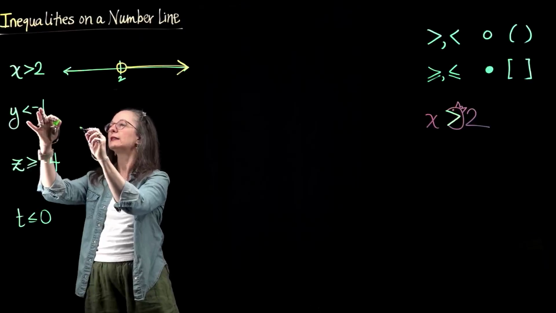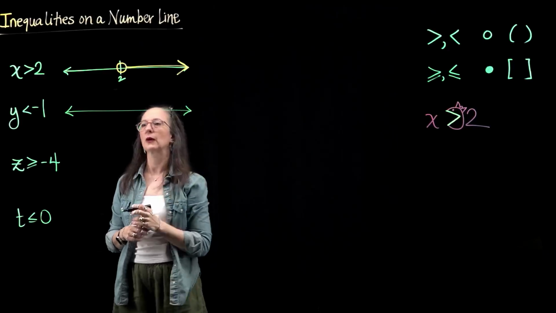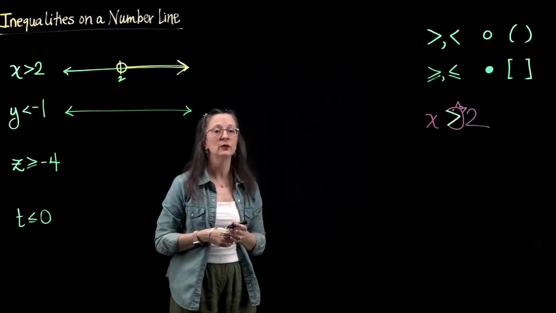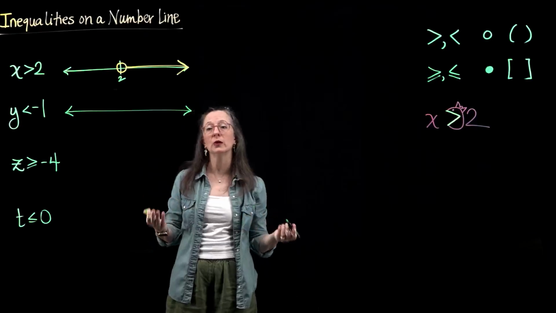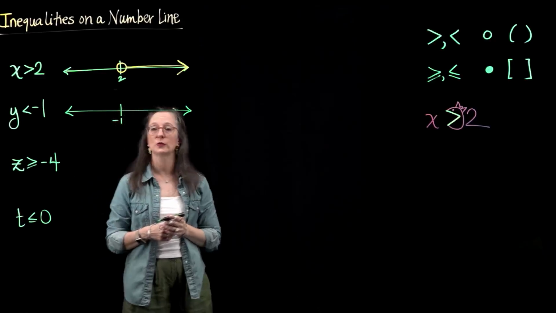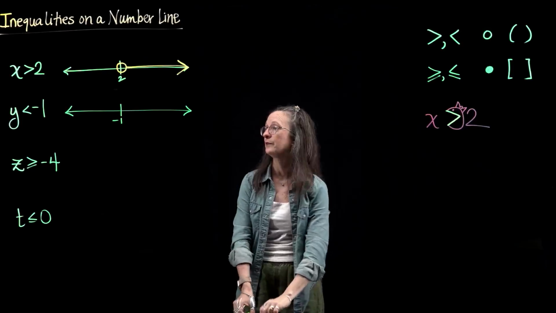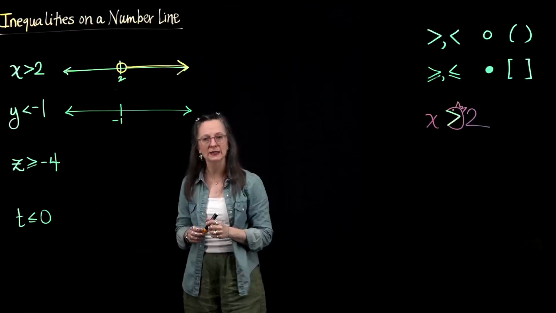I have y less than -1. Okay, so I'm going to draw my number line just like I did before, a horizontal line with arrows on both ends. And I'm going to mark the number we're concerned about, which is -1. So I'm just going to put a slash through that number line and label it -1. Now, again, it's a strictly less than.